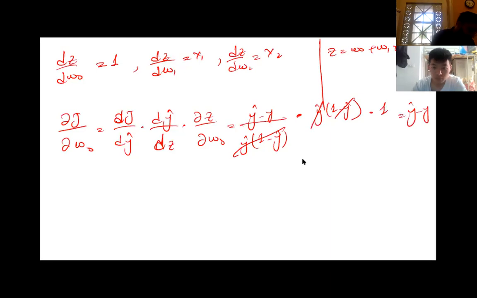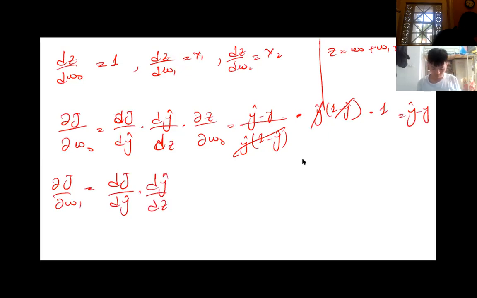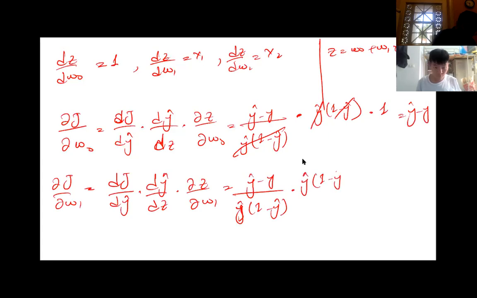Okay. Similarly, the derivative of J with respect to w1 is the derivative of J with respect to y hat, derivative of y hat with respect to z, partial derivative of z with respect to w1. This is y hat minus y divided by y hat times 1 minus y hat, times y hat times 1 minus y hat.